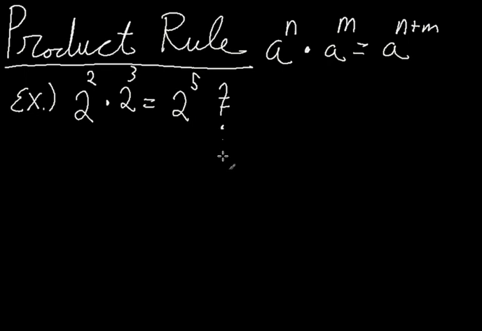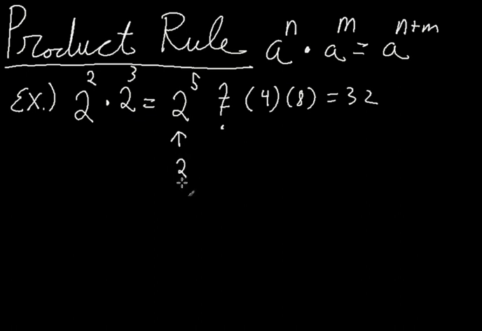Maybe I'll put a little question mark over that. So 2 squared is 4, and 2 to the third is 8 by the previous slide, and so that is 32. So I'm claiming that this side is 32. Is it true that 2 to the 5th is that 32? Well, as a matter of fact, it is. We've just shown that it is.